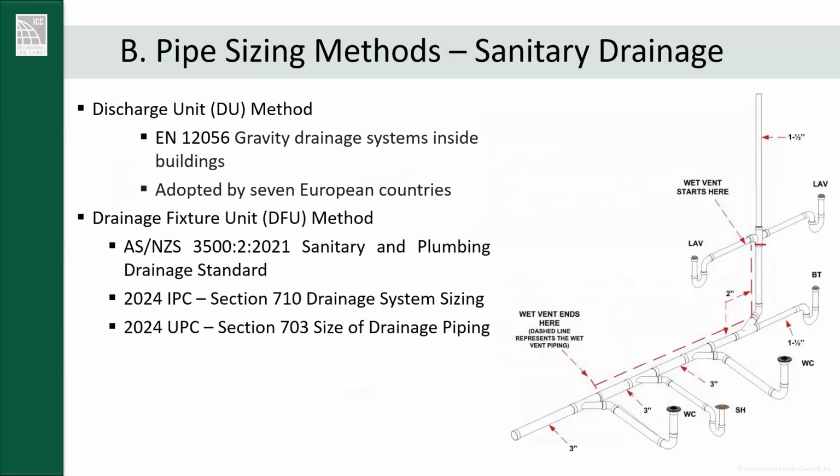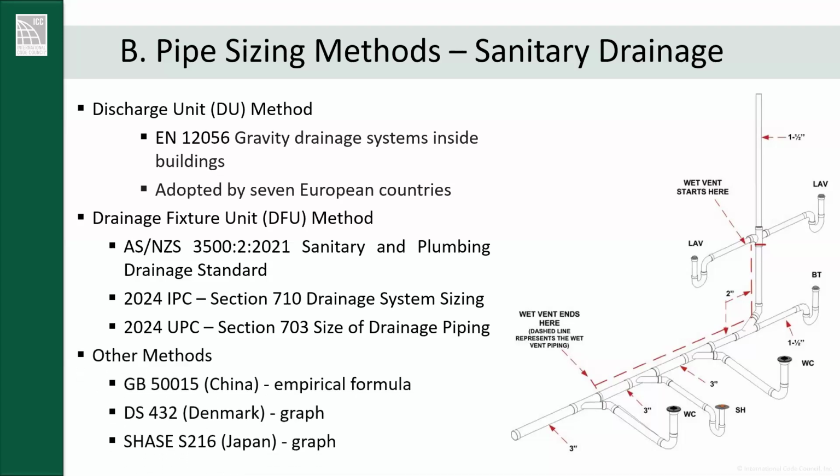And there's more there. The AS/NZS is the Australia and New Zealand standard. And in the last two, there's the IPC and UPC. And then finally, there are other methods from China, Denmark, and Japan.